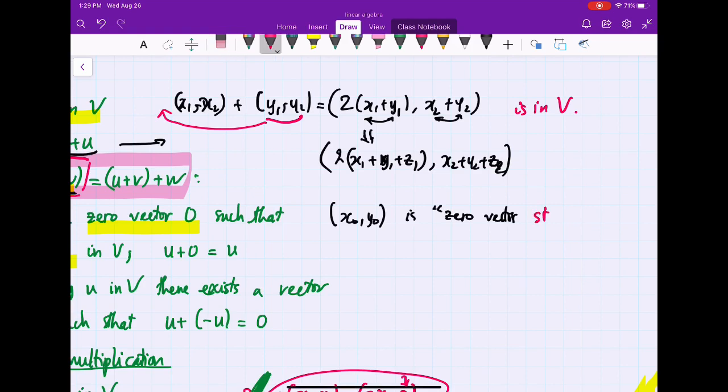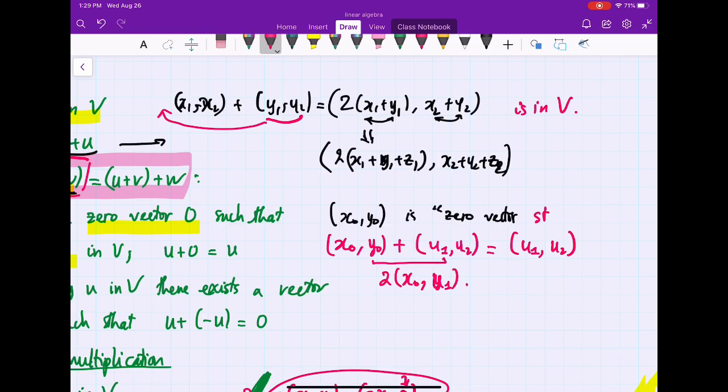Such that (x0, y0) plus any u, let's say (u1, u2), is equal to (u1, u2). Does that make sense? So according to the addition, the left hand side should be equal to 2 times (x0 plus u1), and here y0 plus u2, equal to (u1, u2).